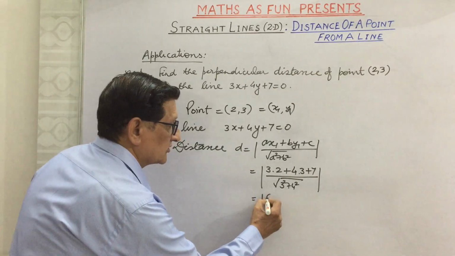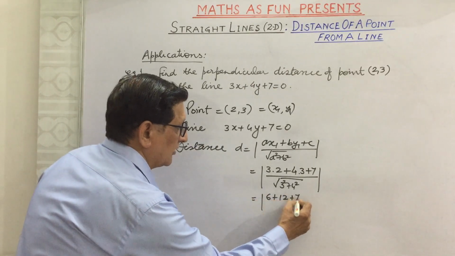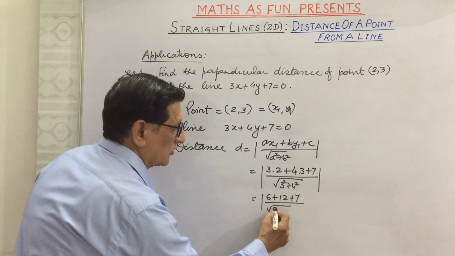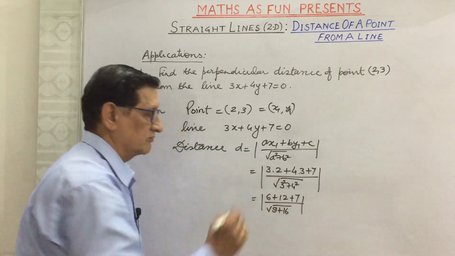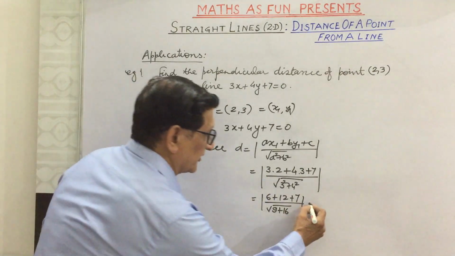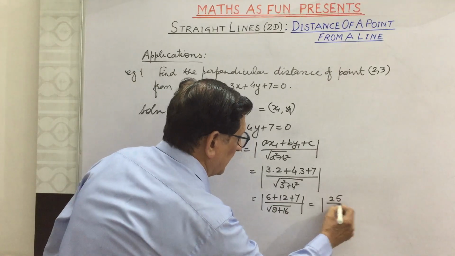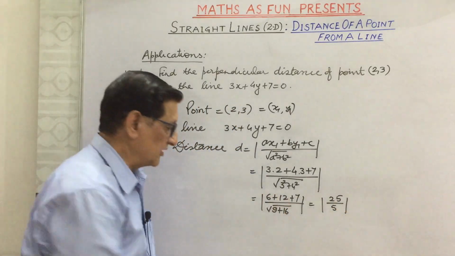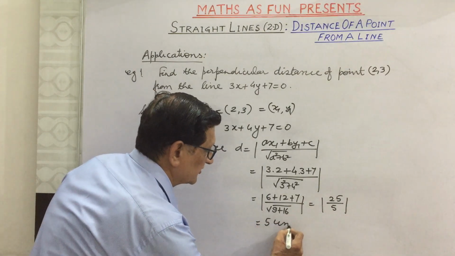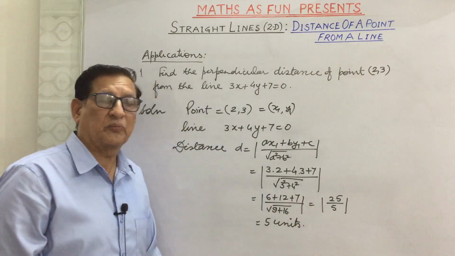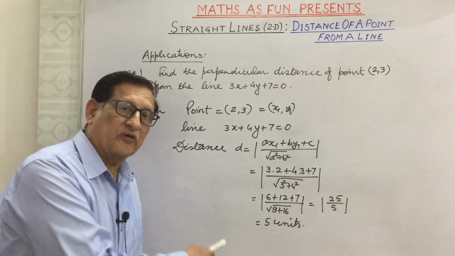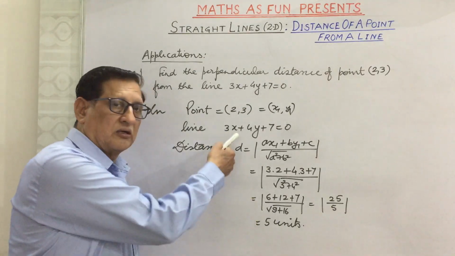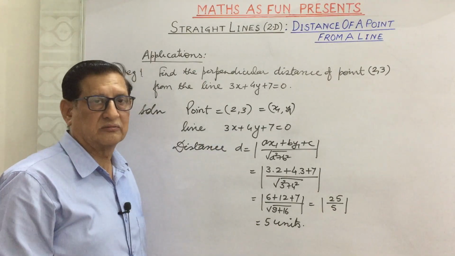That is here 6 plus 12 plus 7 upon root of 9 plus 16. We know it is 25 upon 5 because root of 25 is 5. This comes as 5 units. So the distance of a point we can find by applying the formula in this particular manner.